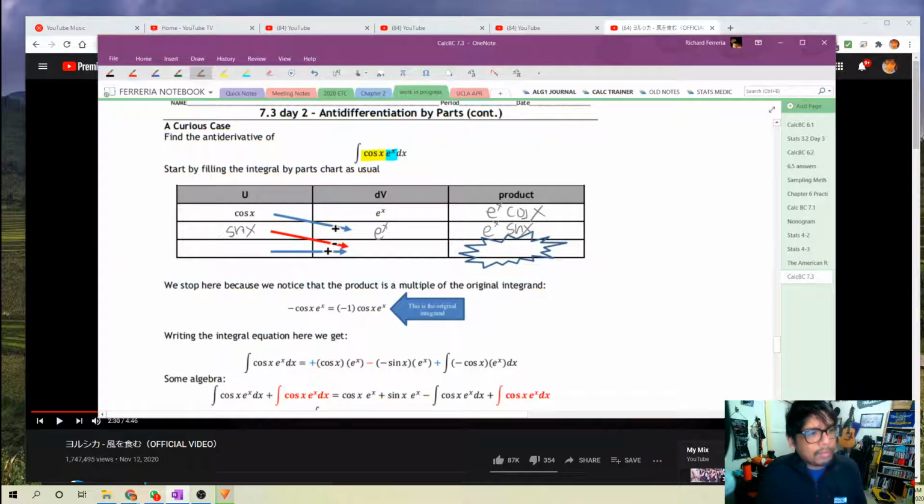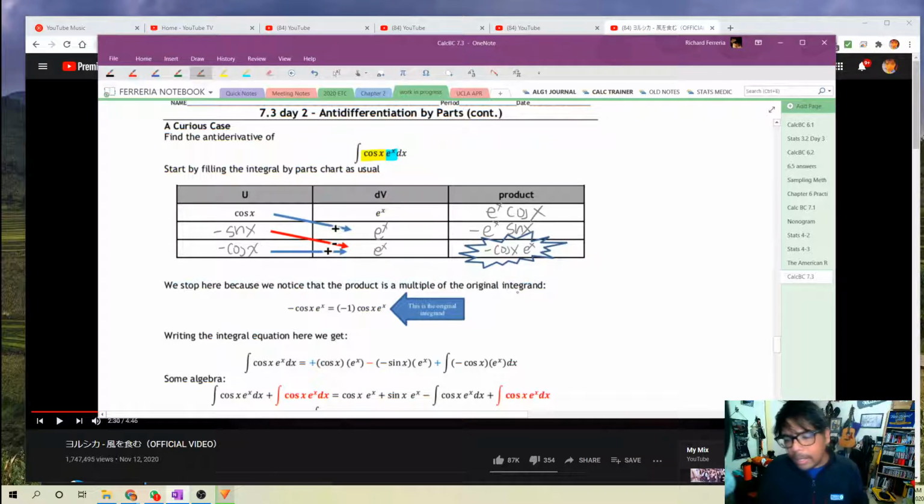The derivative of, did I mess up? Yeah, I did. That should be negative sine. The derivative of negative sine is negative cosine x, and the antiderivative of e to the x is e to the x, and that gives me negative cosine x e to the x.